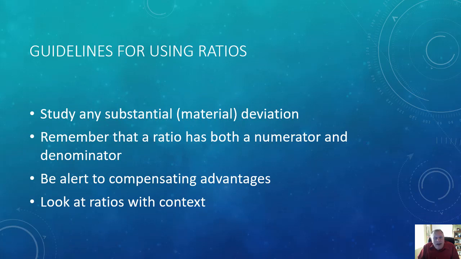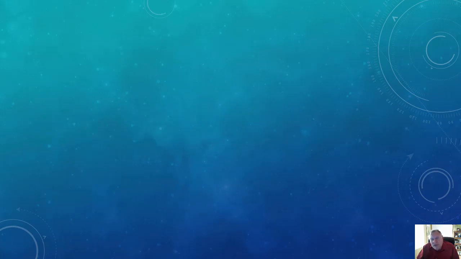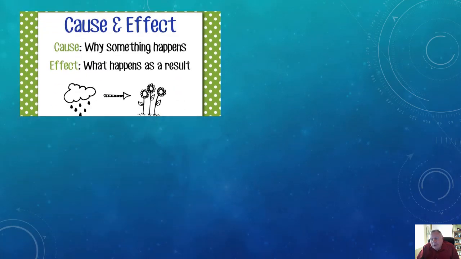Now, my use of ratios has changed and evolved over time. And I think one of the things that's hit me, based on a class that I took last summer, was cause and effect. Cause is why something happens. Effect is what happens as a result.